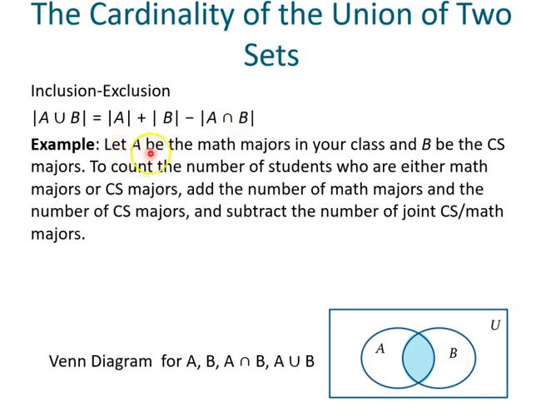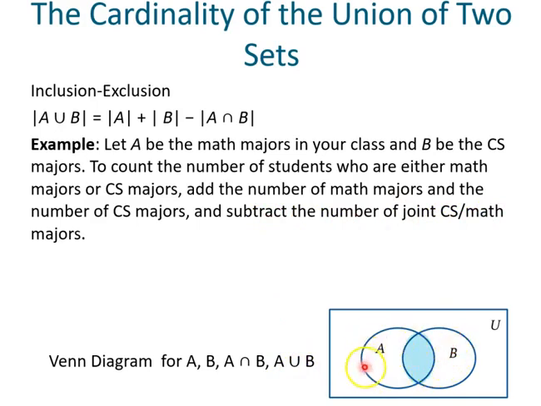For example, if A is the set of all math majors in your class, and B is the set of all computer science majors, the union of A and B is the set of all students who are math majors or computer science majors. So we can count the number of math majors, the number of computer science majors, add those two, and subtract the number of students that are both computer science and math majors.